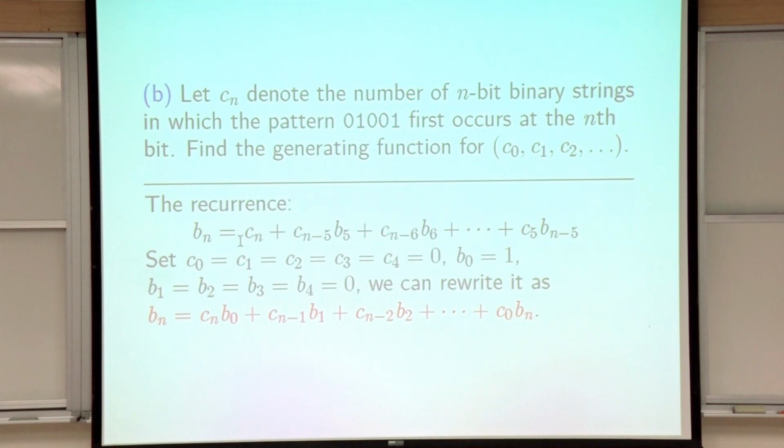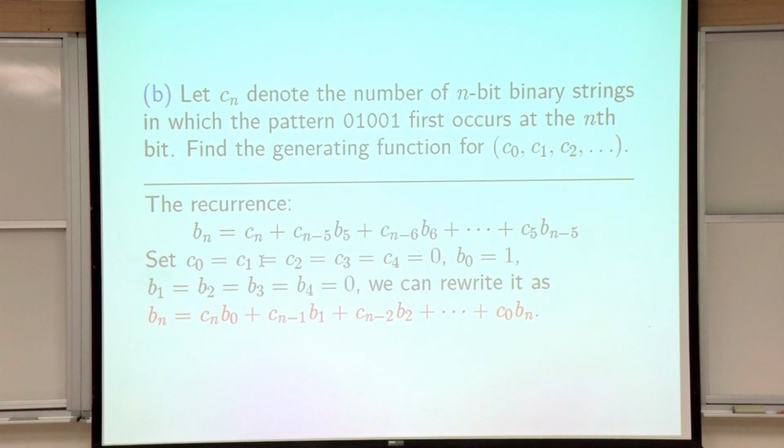The first case is that the nth bit is also the first time it occurs, or it first occurs at the n minus 5 bit, and then we end with 01001, or it first occurs at the n minus 6 bit, and then in the remaining 6 bits it occurs again, and so on.